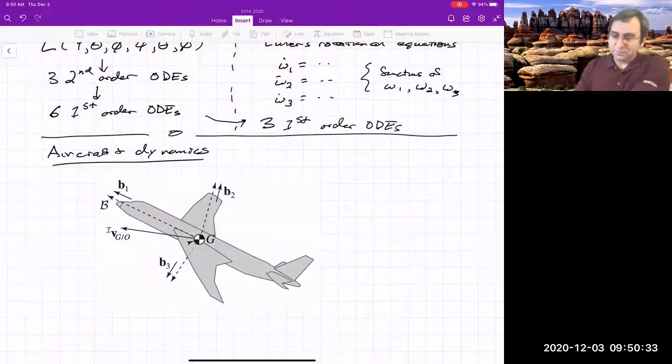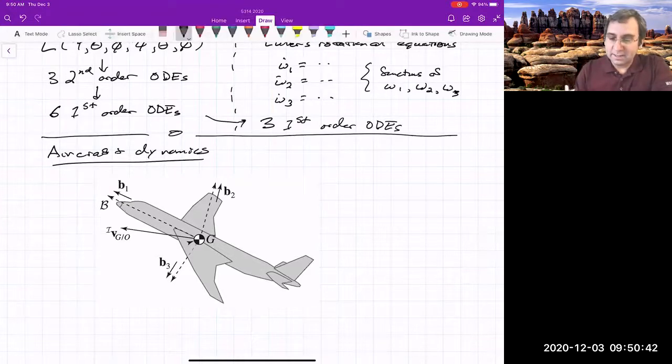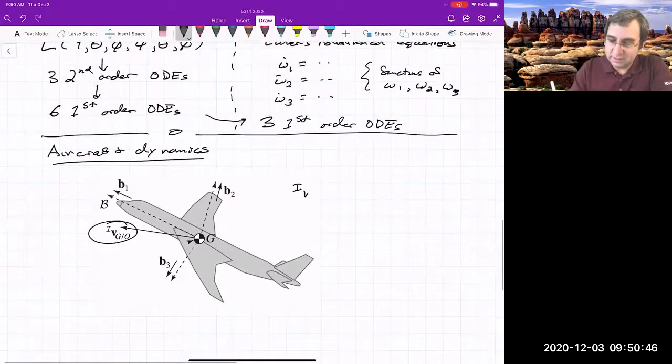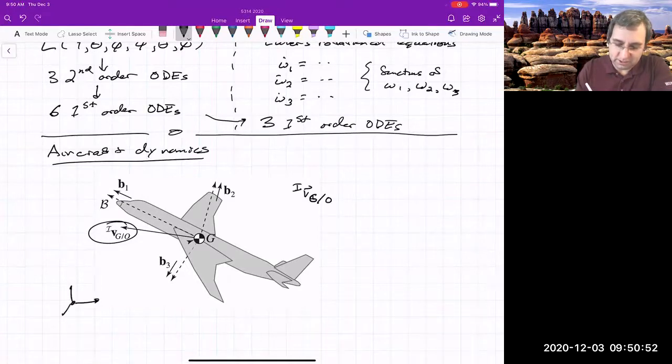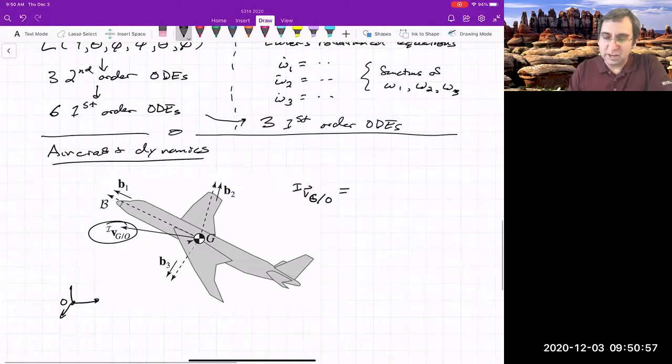But I am told that when you do aircraft dynamics, you typically will write the inertial velocity of your aircraft, let's say the center of mass with respect to some origin on the ground, in terms of body axes components of this velocity.